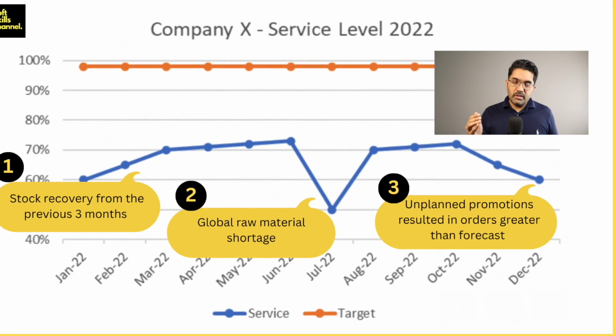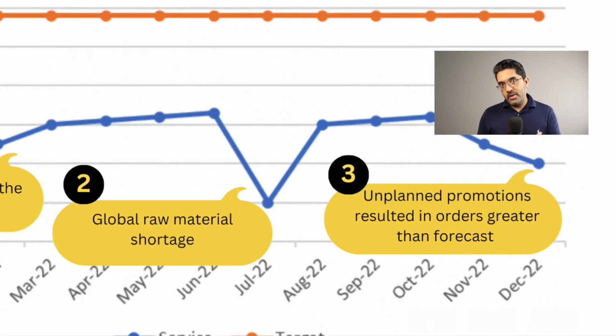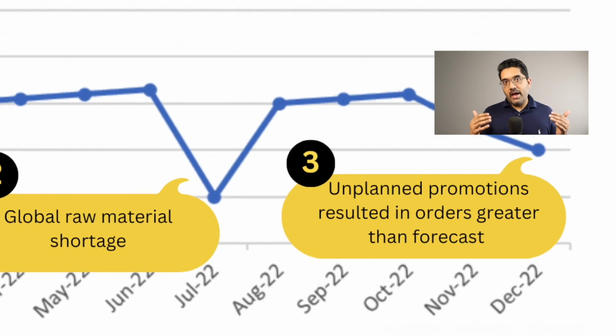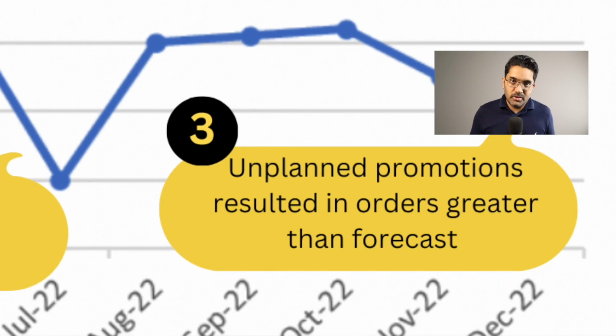And then finally in October, November, December, the main driver of our service drop is because our customers ran promotions without informing our sales team, and therefore the actual orders came in significantly above forecast, and therefore we were not able to serve those.